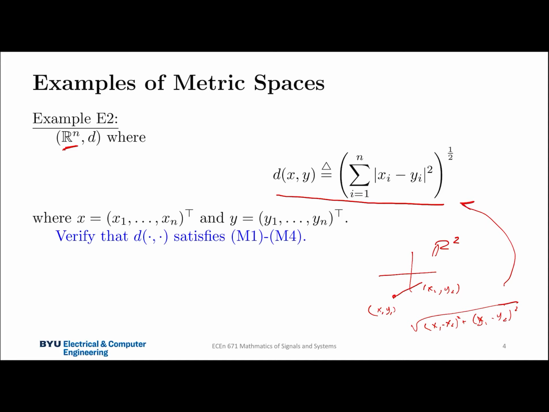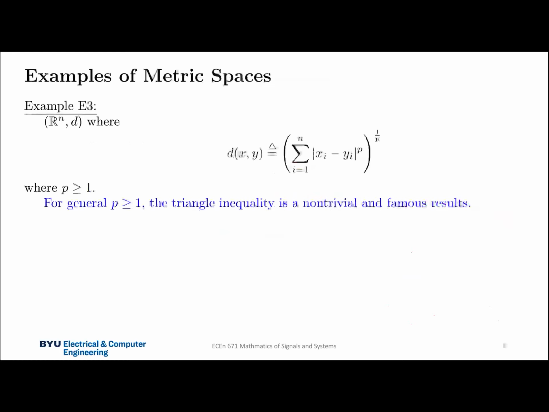Again, we can make the argument that this metric satisfies M1, M2, M3, and M4. Another example would be Rn, again, but a different metric. So instead of what we call the 2 metric or Euclidean distance, we can have a distance where P is not necessarily 2. In fact, we basically have the requirement that P is greater than or equal to 1.